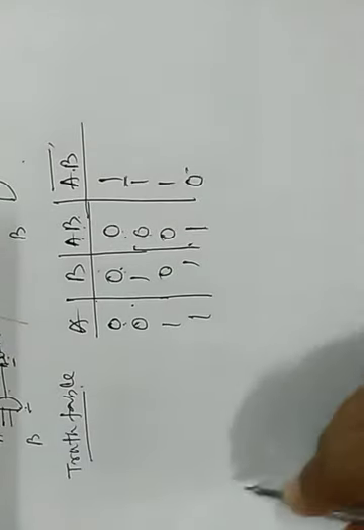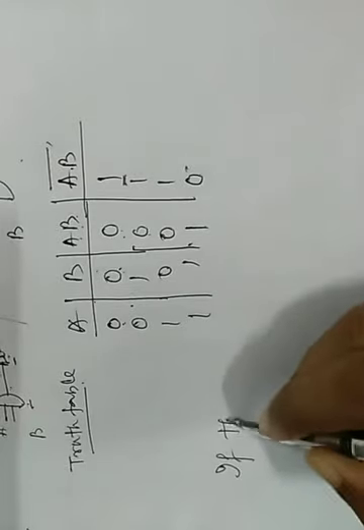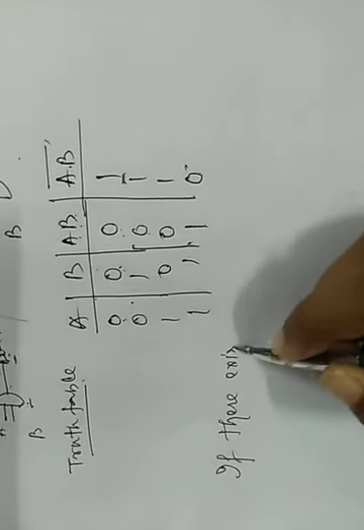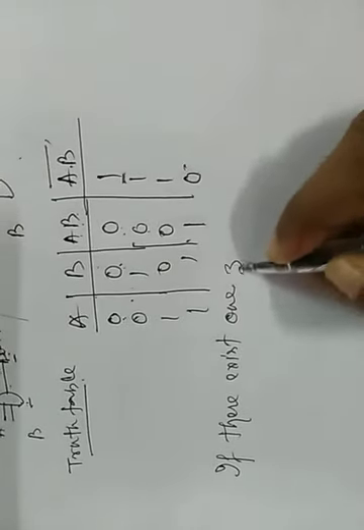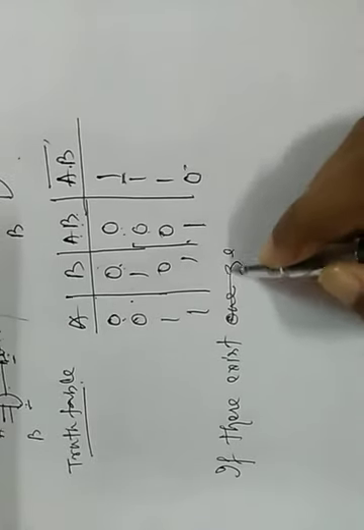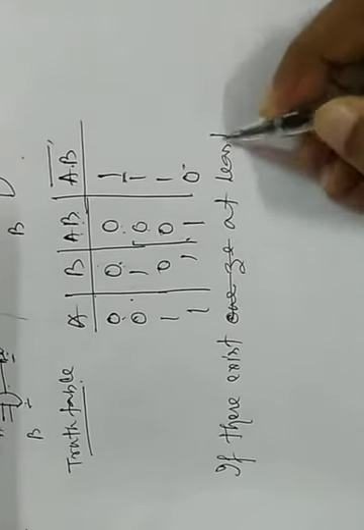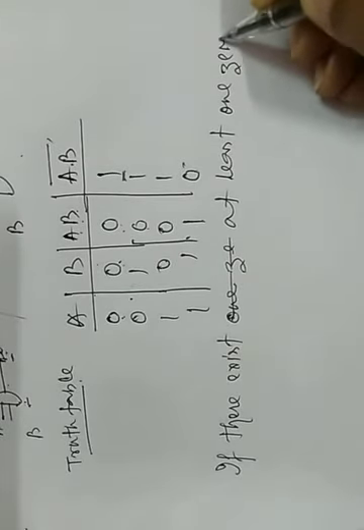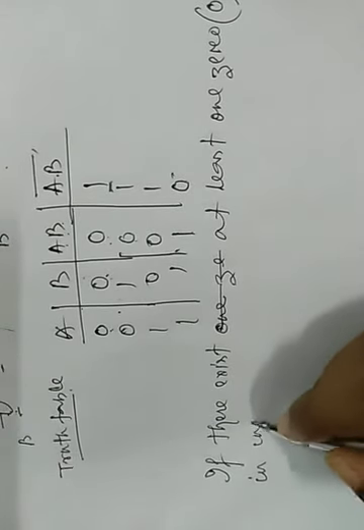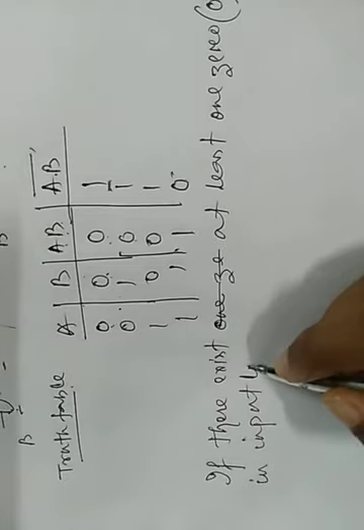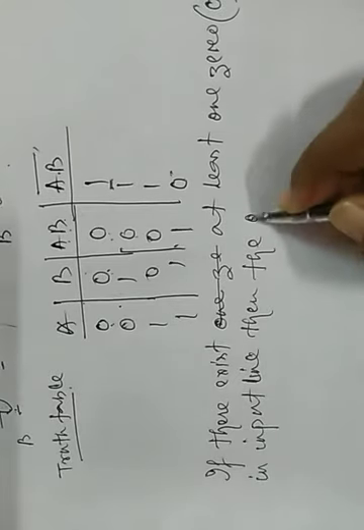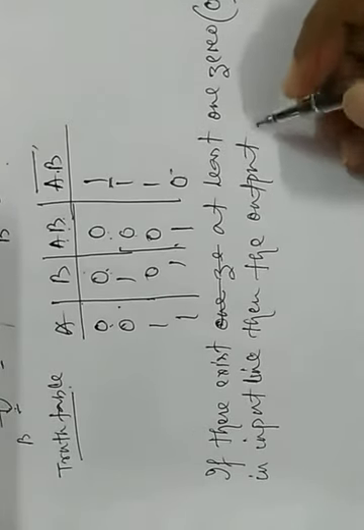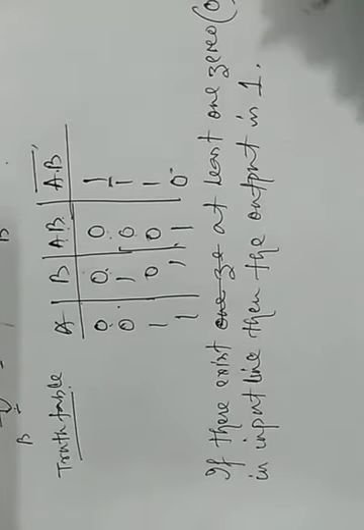And the definition of the NAND gate is: if there exists at least one 0 in the input line, then the output is 1.